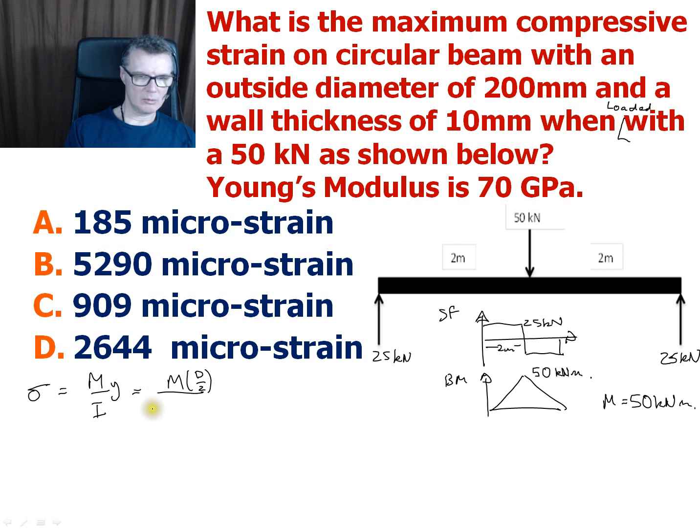The I will be pi divided by 64, and this, the outer diameter, big D to the 4, take away little d to the 4, and that's the formula that I would need to use.